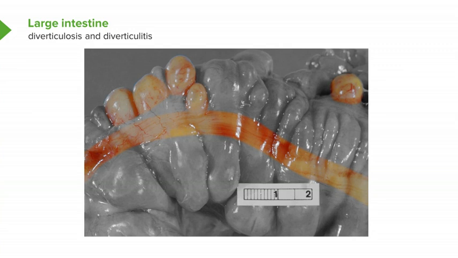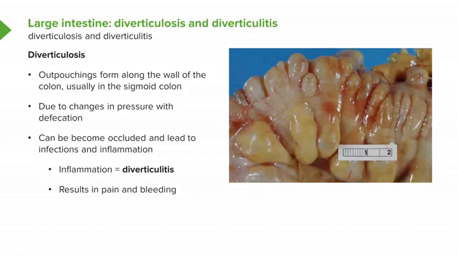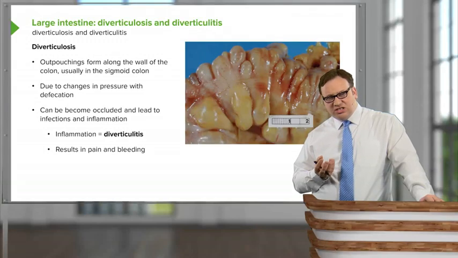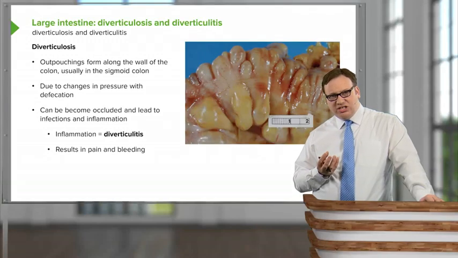These little pouches are not normally occurring in the large intestine, but they bulge out from the wall of the large intestine. Now, diverticulosis is a series of these outpouchings along the wall of the colon, and they're usually found in the sigmoid colon. They're a result of changes in pressure with defecation.